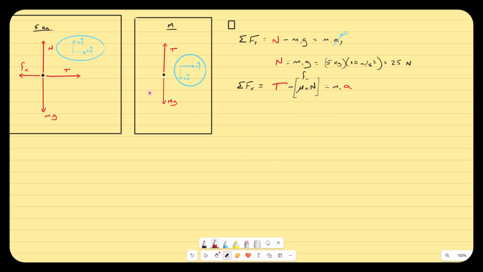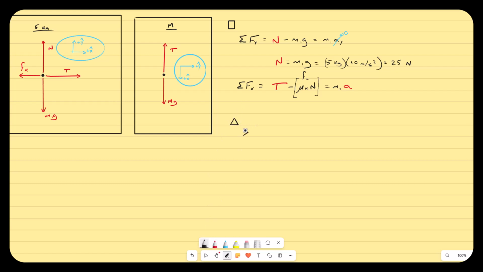The system's moving, so the tension has changed. The acceleration is different because it's no longer 0, so those are both unknowns. Alright, 2 unknowns in there. I'm going to have to go to my triangle.